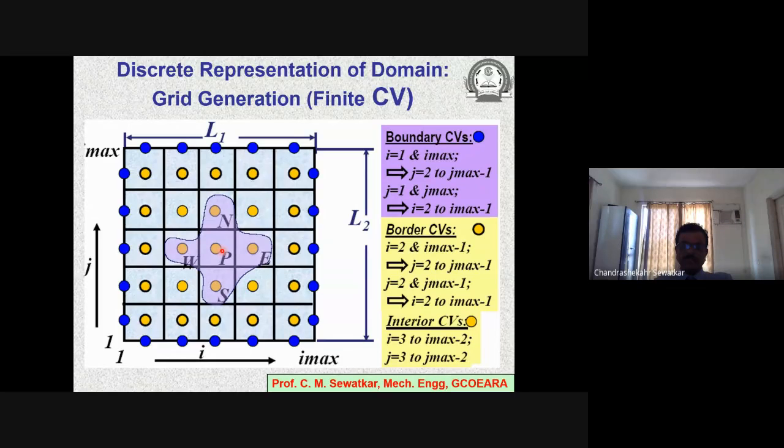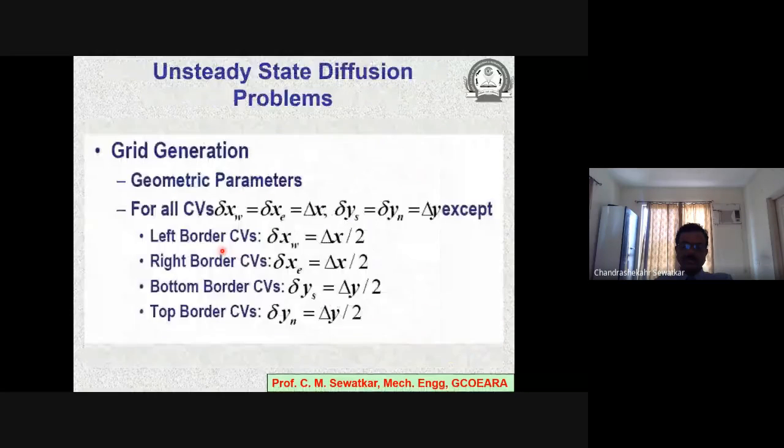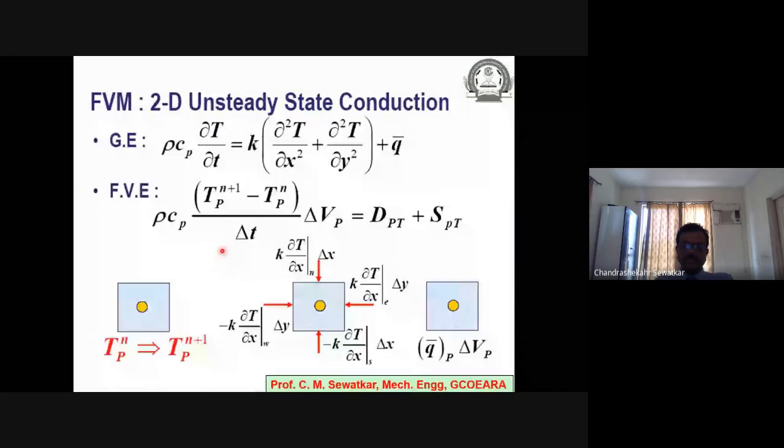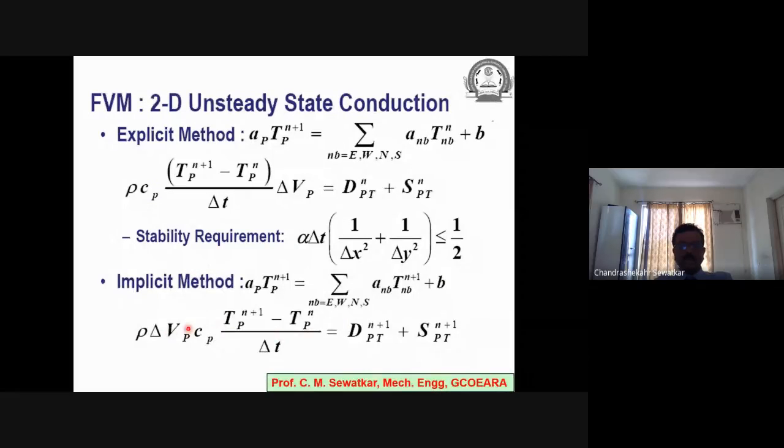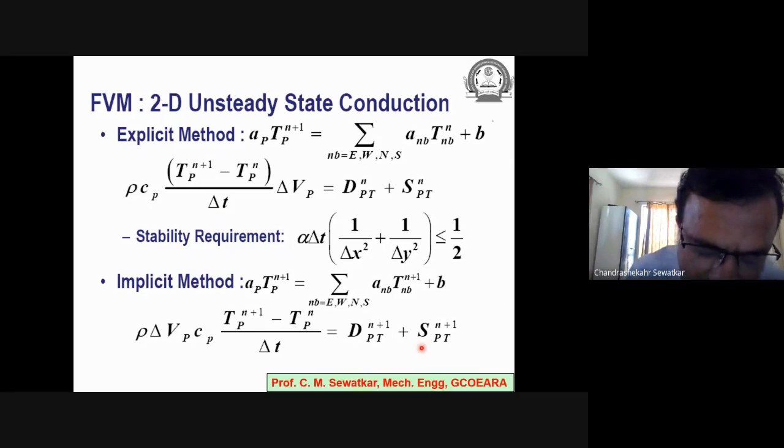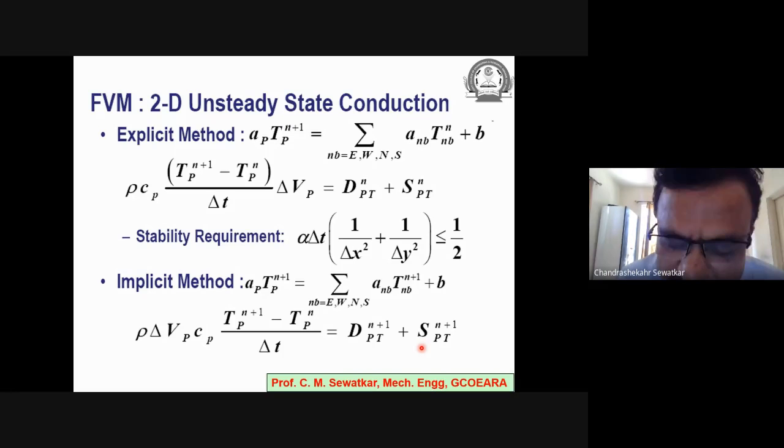So when we make use of the implicit method like this, if I write down this equation for all the interior cell centers, I will have as many unknowns in the equations as the number of cell centers.